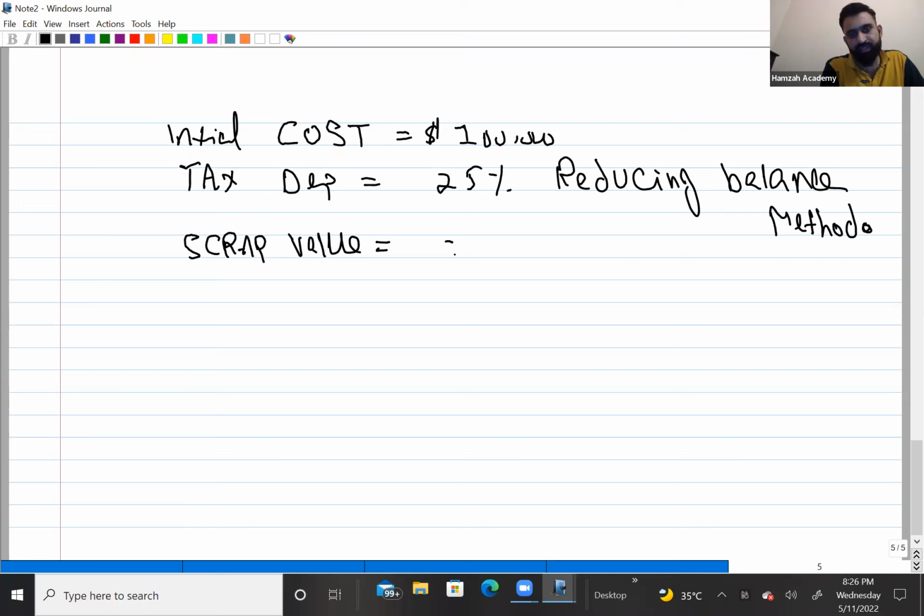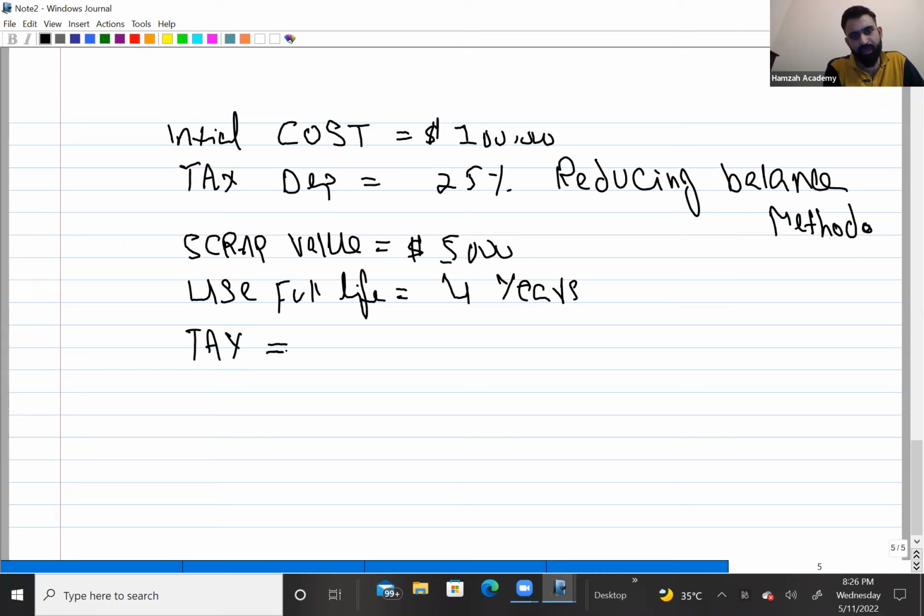Scrap value is 5,000. Useful life is 4 years, and tax is 30% with 1 year delay.